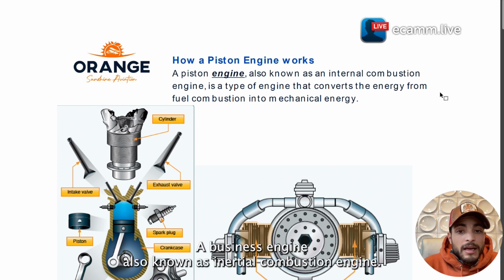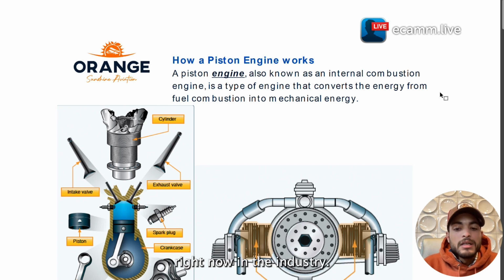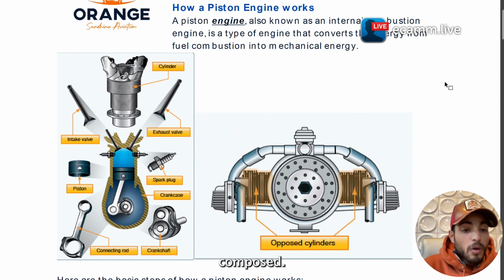All right. A piston engine, also known as internal combustion engine, it's very simple compared to the other engines that we have right now in the industry. So first, we're gonna talk a little bit about how the engine is composed.